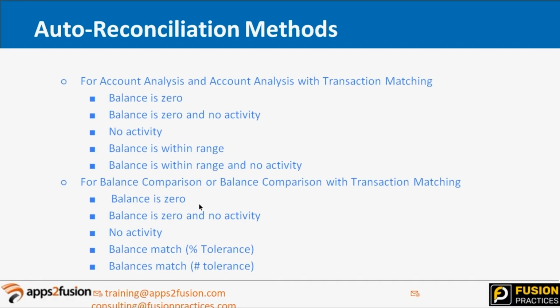Next is balance match with the value tolerance. The difference between the source system balance and the subsystem balance is less than or equal to the tolerance value. The tolerance value is specified on the profile. Enter the balance match tolerance number or the tolerance amount. When the auto reconcile succeeds, the reconciliation status is set to closed.